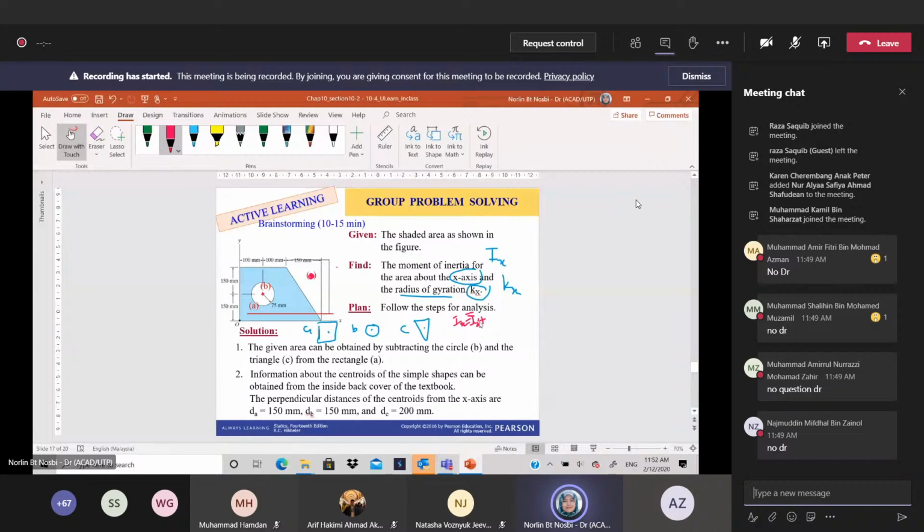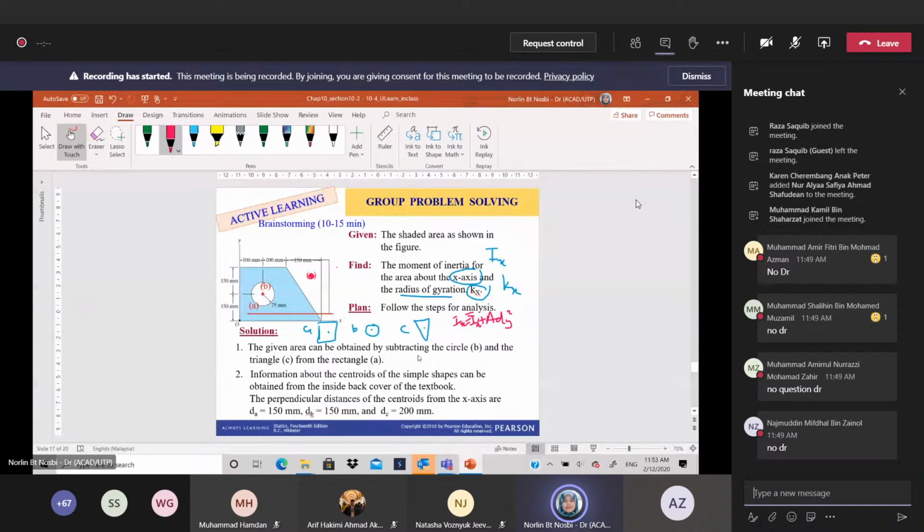So the I bar x is based on the shape, with a different formula for square, circle, and triangle, and the area, of course you all know. And then the centroid, I will give you. We only have around 5 minutes, so try to do it. I will give you the answer.